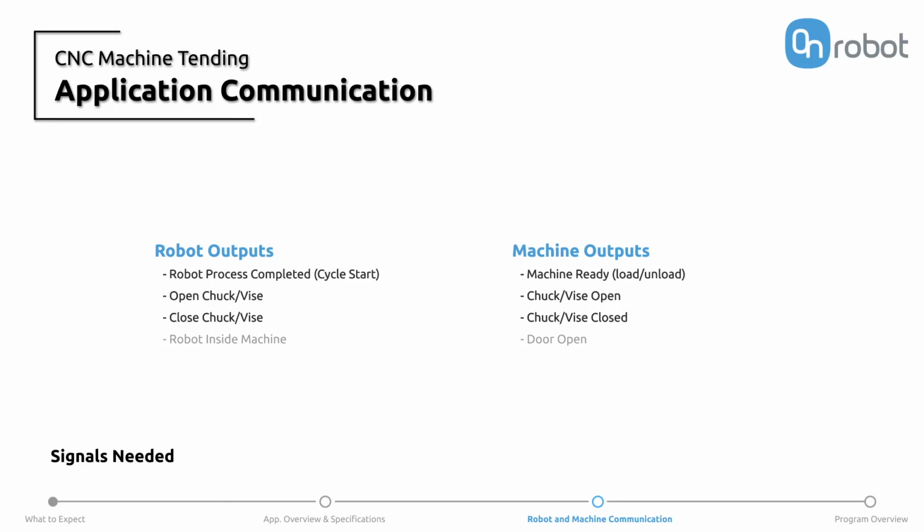It is also possible to automate a milling CNC machine tending application by only using 2 signals. Here, the robot places the part and exits the machine, and then when the CNC receives the cycle start signal, it closes the vise. Keep in mind that having only 2 signals will most likely not work on a lathe CNC machine, as the part could fall if the robot opens the gripper before the chuck grabs the part.